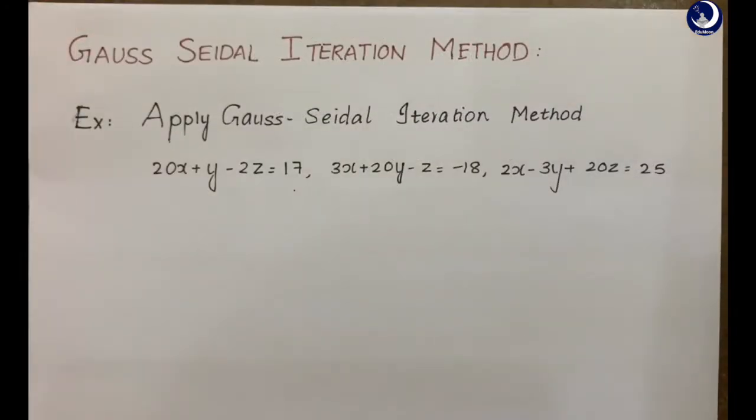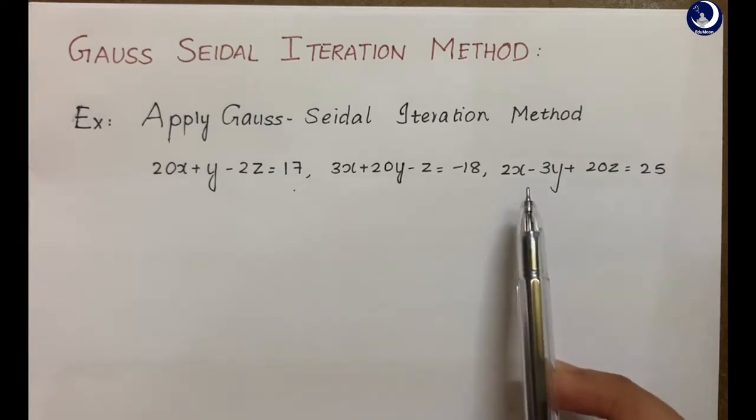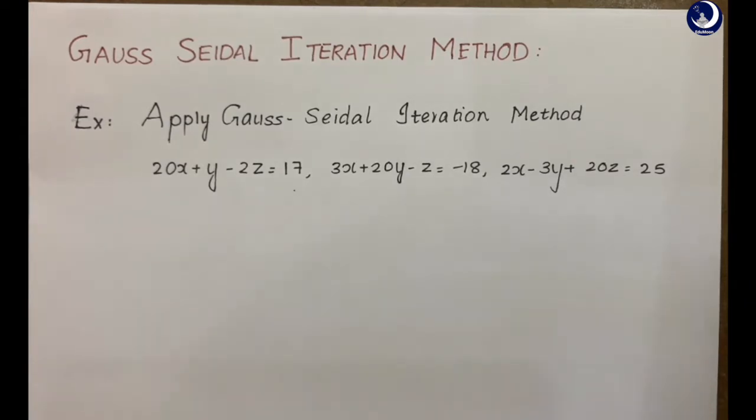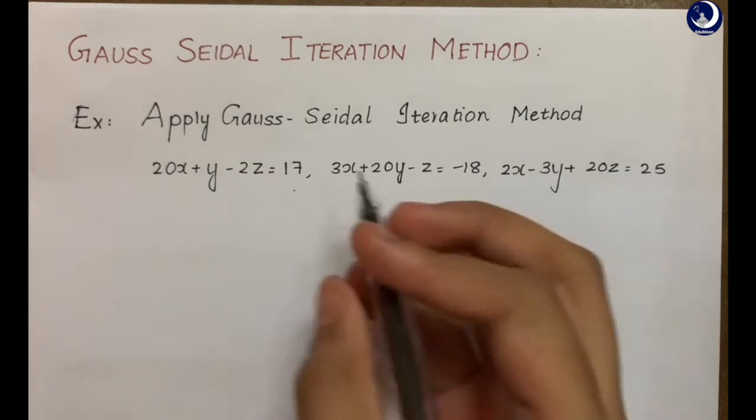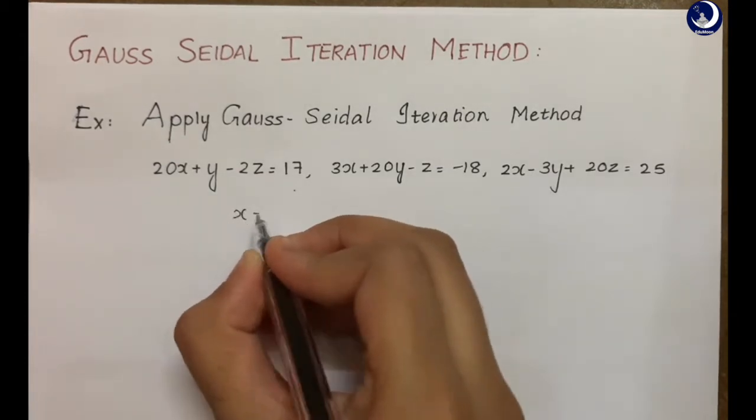Gauss Seidel iteration method. It is basically an indirect method for solving system of equations. Let's look into this example. Solve these given equations using Gauss Seidel iteration method. First, let's rearrange these given equations as follows.